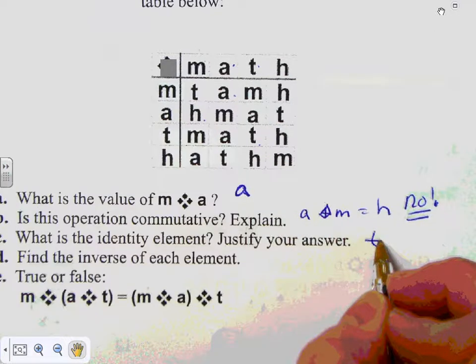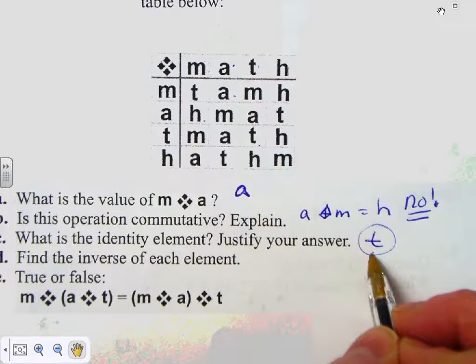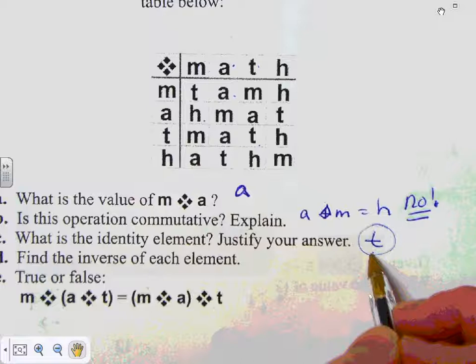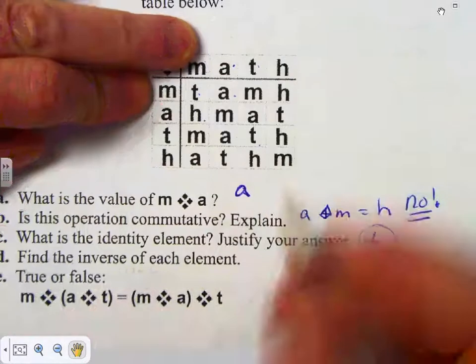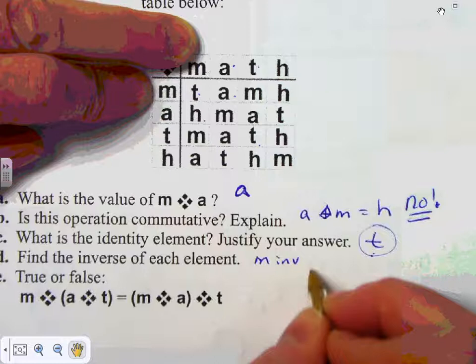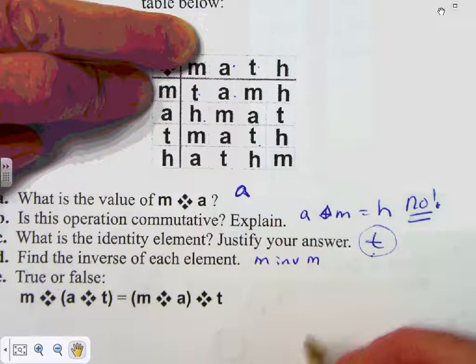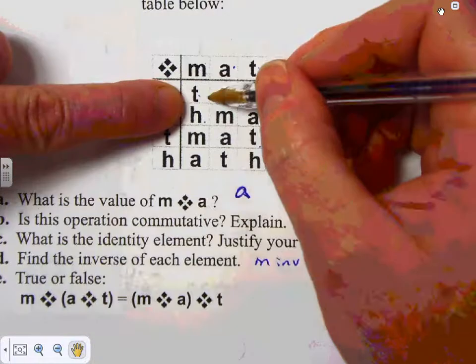And what is the inverse? I'm looking to where the letters intersect and create the letter T. So M is the inverse of M. Why is that? Because it gives you the identity.